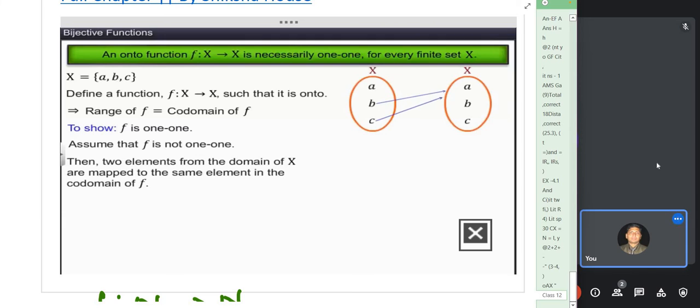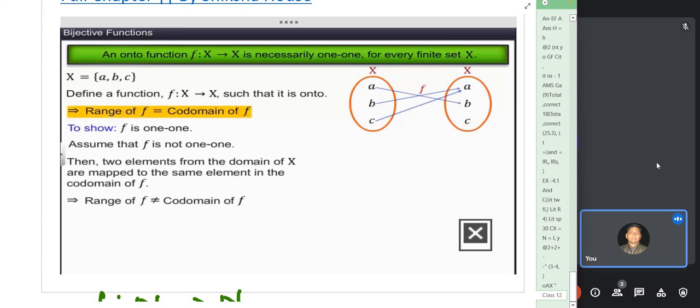Suppose B and C are mapped to A under f. Now, we are left with one more element, A, in the domain of f that can be mapped to any one of the remaining two elements in the codomain of f. Let A be mapped to B. This shows that the range of the function is not equal to the codomain of f.